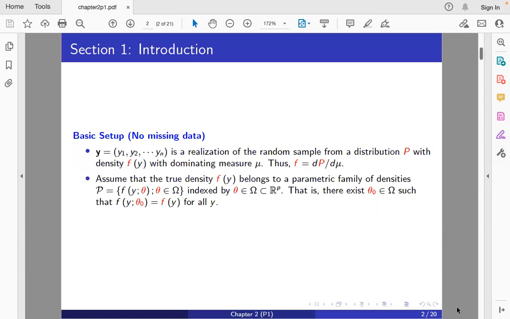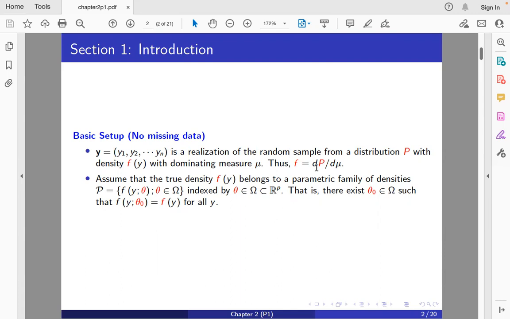So suppose you have n realizations of a random variable from a distribution P with density F, and this means the Radon-Nikodym derivative, but it's not really a big deal.